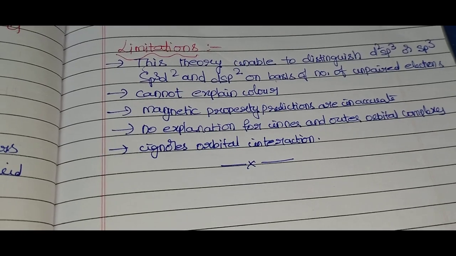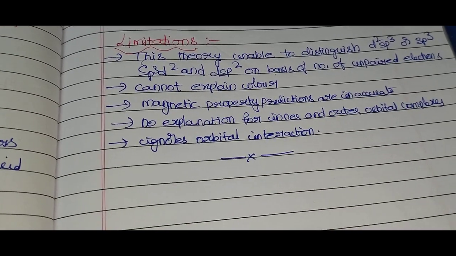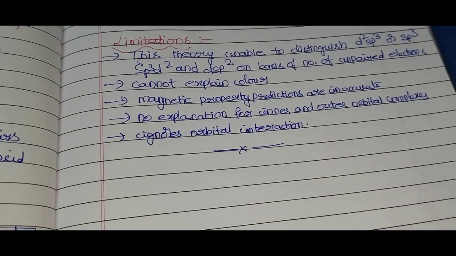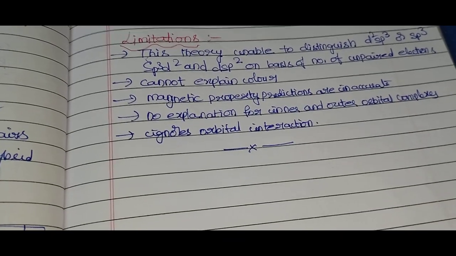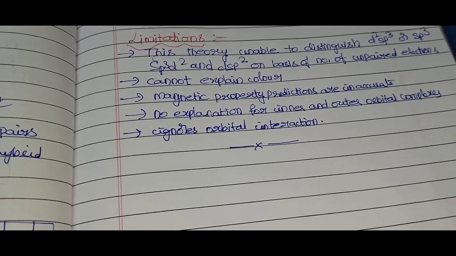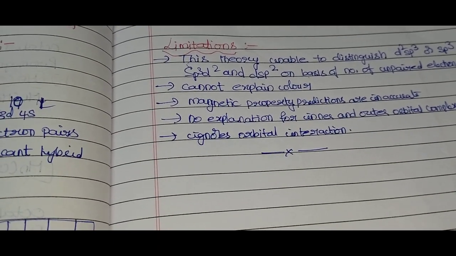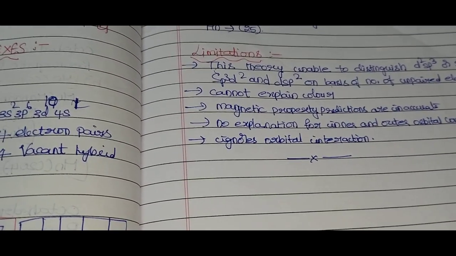It cannot explain the color of the coordination compounds formed, and the magnetic property predictions are also not that accurate. It didn't explain why inner orbital and outer orbital complexes form, what is the reason behind it, and it always ignored orbital interaction in this hybridization method. So these are the limitations of VBT theory.